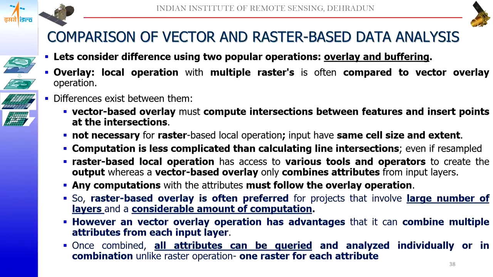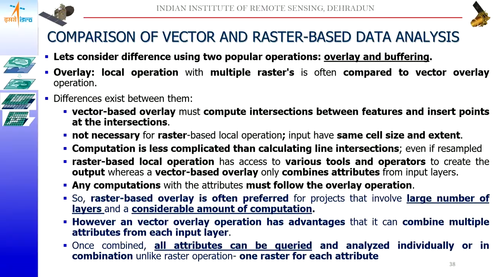Now this does not happen or is not required in the case of a raster based system, because we are assuming that all the cell sizes are the same and the extents are the same. Even if they are not the same, we can do resampling and still do the computation faster. But the important thing is there is no intersection of features happening, no insertion of or new geometry being computed.